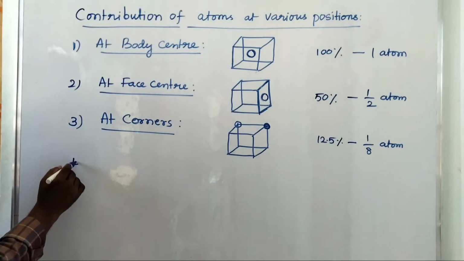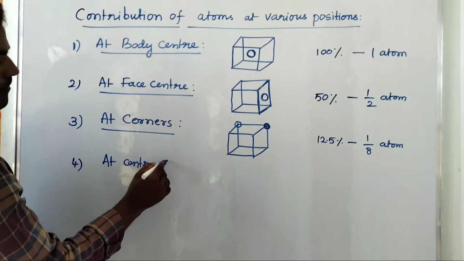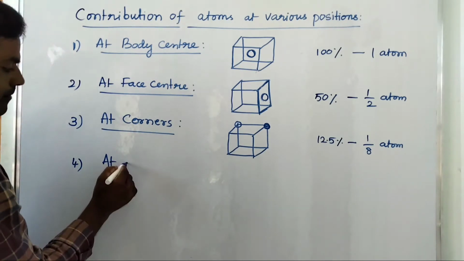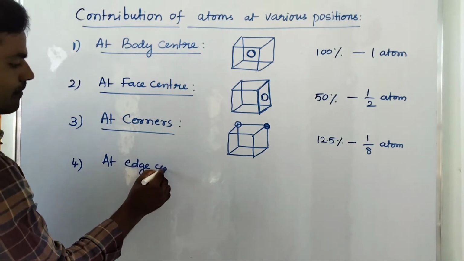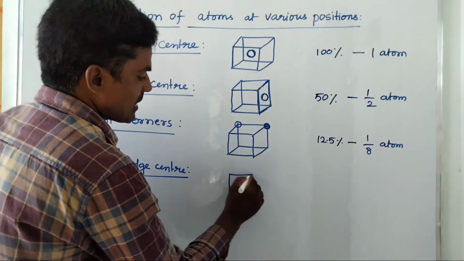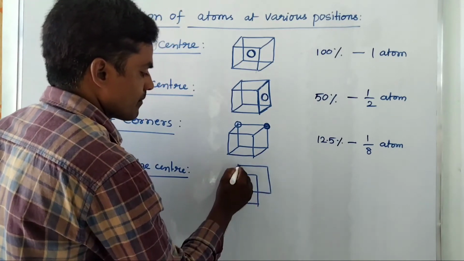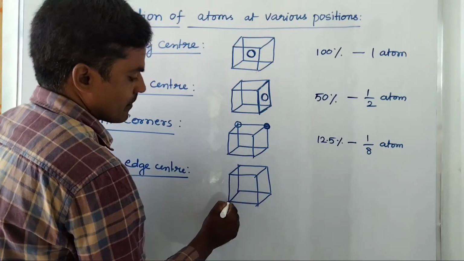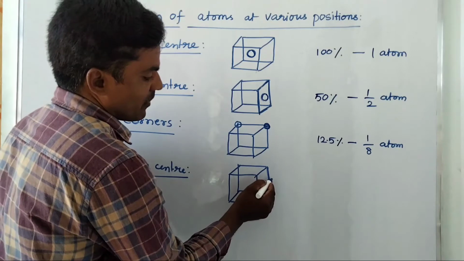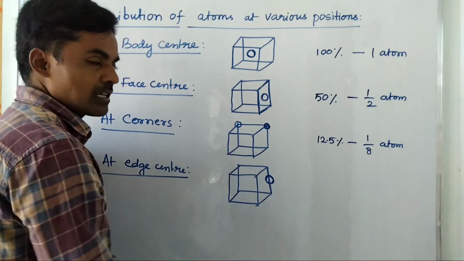Next, the fourth one is at edge center, which means the atom is present at the center of the edge. So this is an edge of the unit cell, and if the atom is present at the center of the edge, that is an edge center atom.